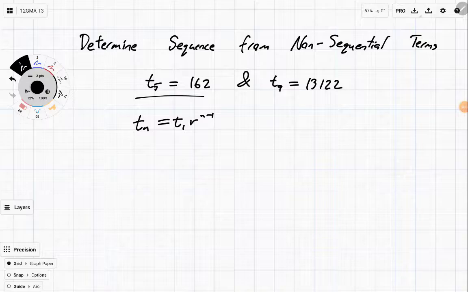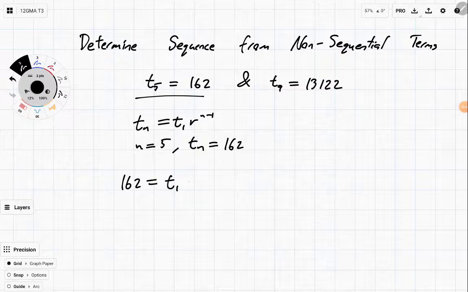So using this, we know that n is equal to 5 and Tn is equal to 162. So we get 162 is equal to T1 r to the 5 minus 1, which for those of you who are quick, 5 minus 1 is 4. Same thing over here.